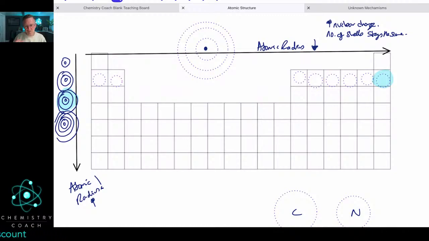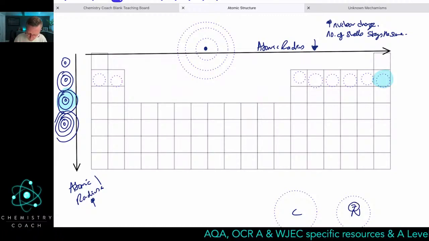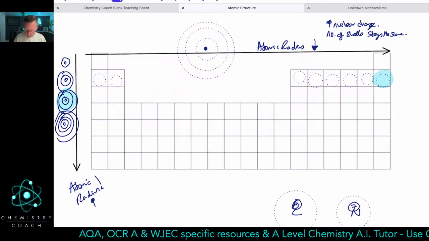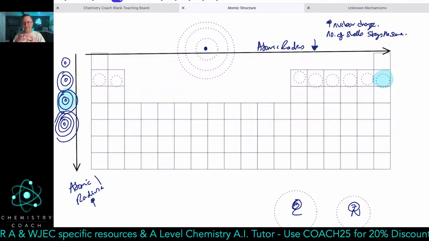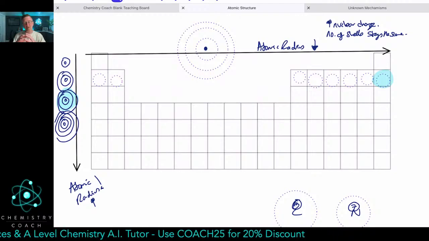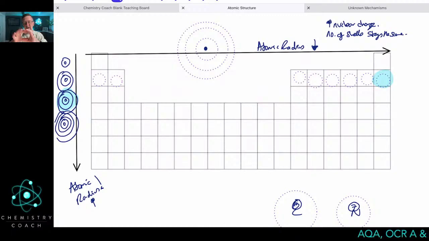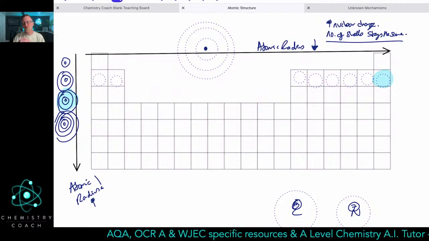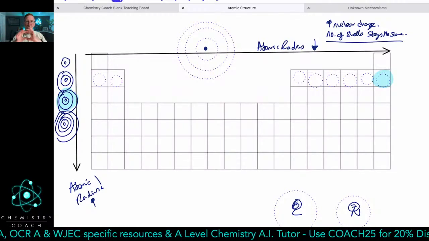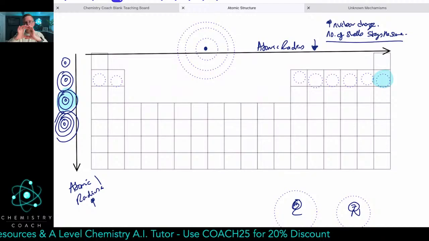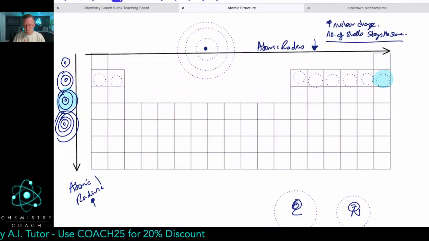They both have the same number of shells, but nitrogen has one more electron, so it has 7 protons and carbon has 6 protons. The reason it's slightly smaller as you go across is because the nuclear charge increases and draws those electrons in much more closely to the nucleus. Make sure you say this: the number of orbitals or shells stays the same, but the nuclear charge increases, so it draws those in closer. That's why we get a decrease in atomic radius from left to right.